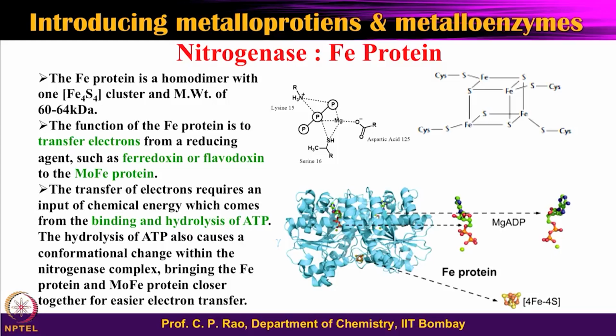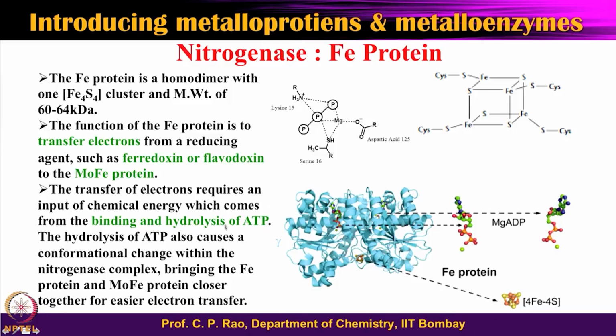That is the role. And this does not happen just like that, there is energy involved as I mentioned earlier, and that comes from the hydrolysis of ATP. That is where we are talking about the magnesium ATP, the phosphorylation and dephosphorylation.